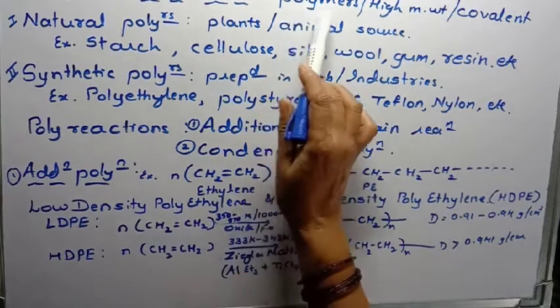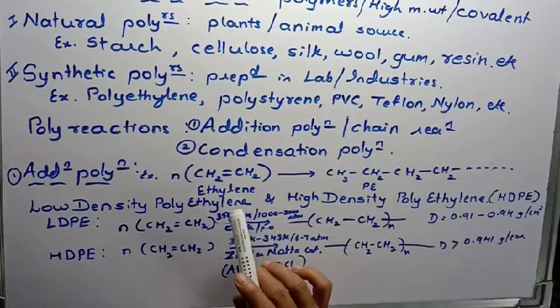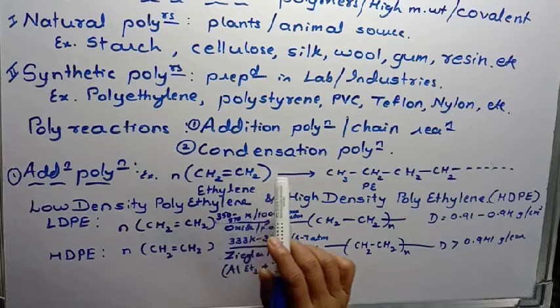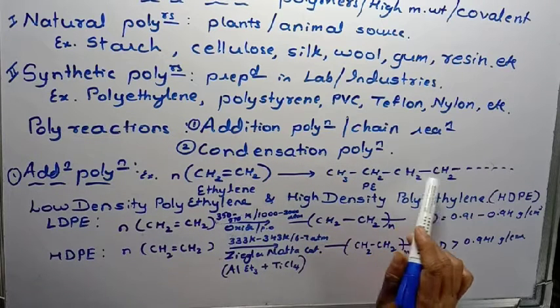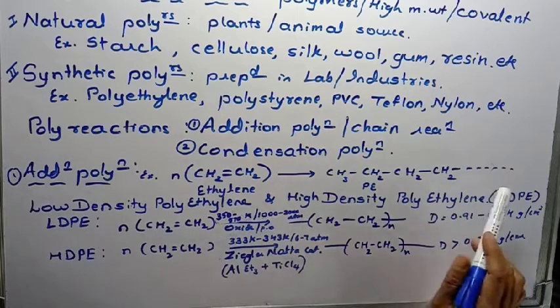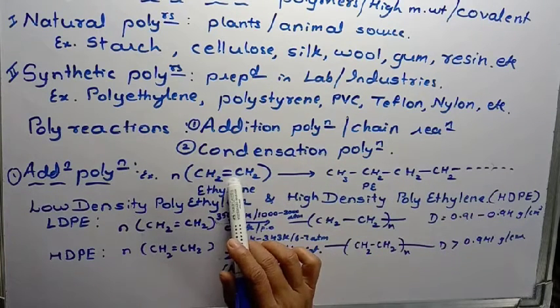In the beginning you understood that a polymer is made up of many repeating units. Here ethylene is the monomer, and when it is repeatedly added to one another, the resulting molecule is the polymer.